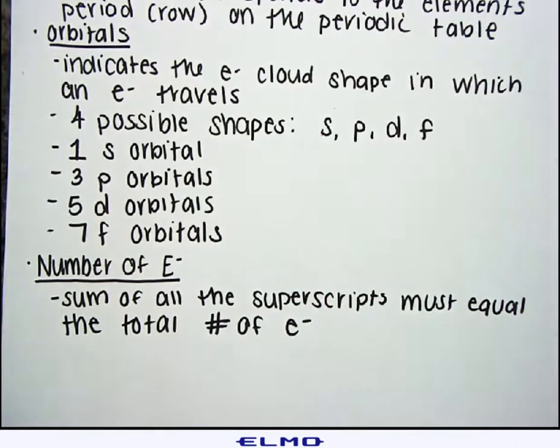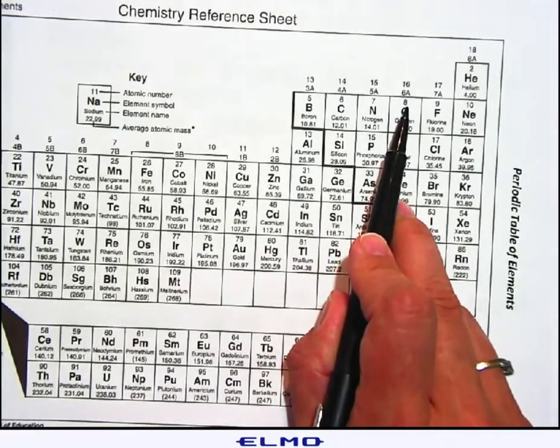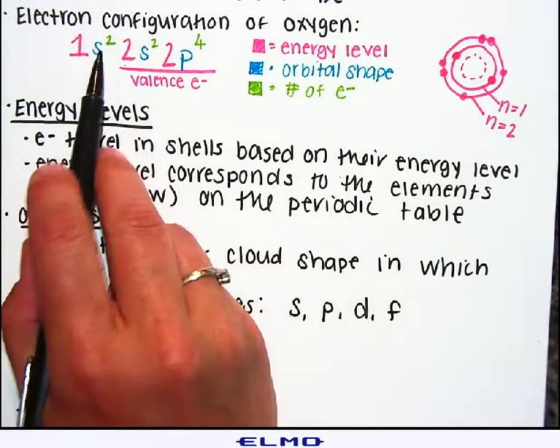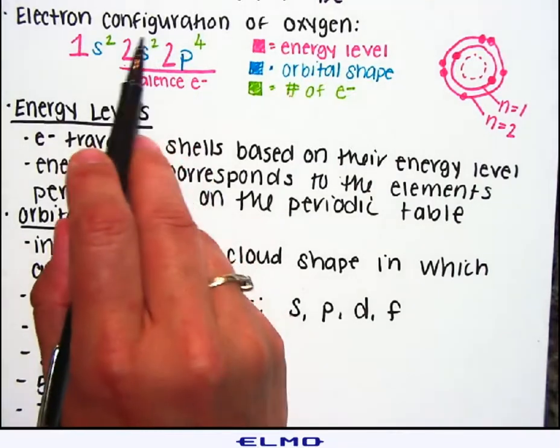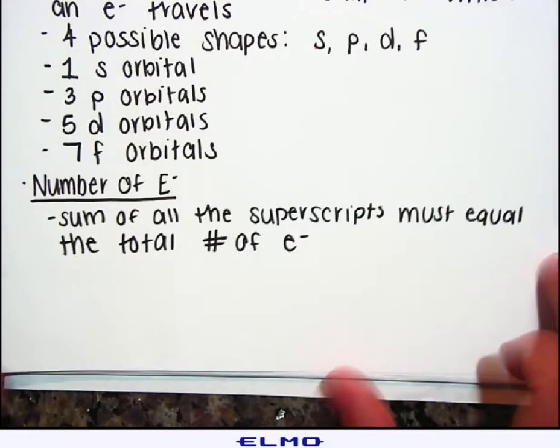The sum of all the superscripts must equal the total number of electrons. So oxygen has an atomic number of 8. That means it has 8 protons. It also should have 8 electrons if it is an atom. So we should be able to count up all of our superscripts, and they need to equal 8. So 2, 2, 4, 8. So that is kind of just an intro to electron configuration.